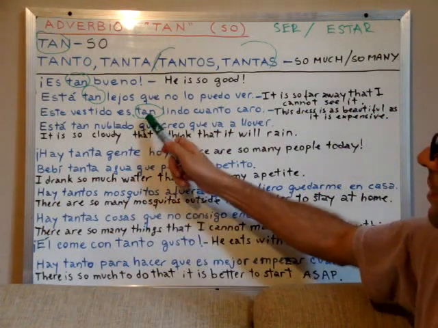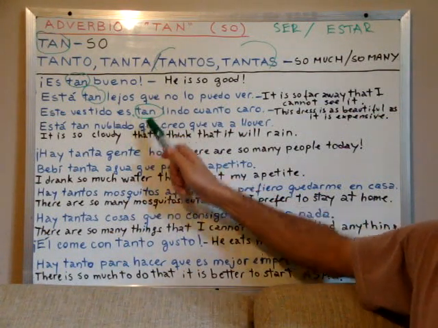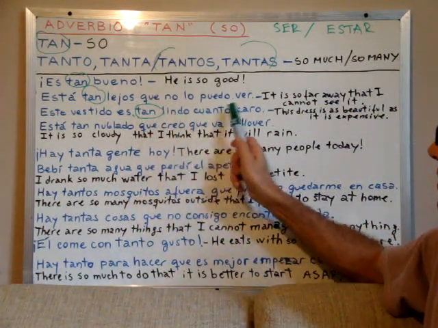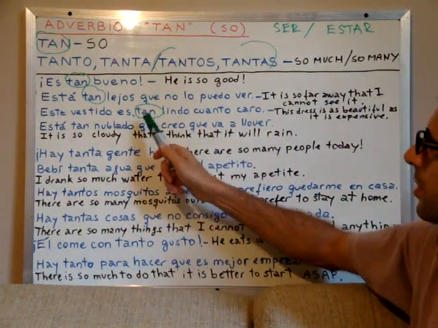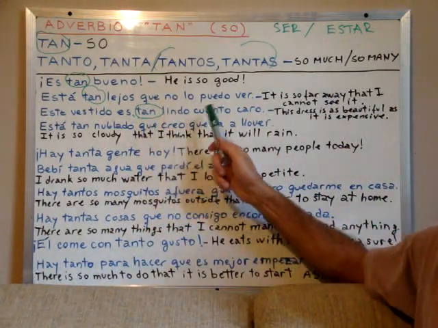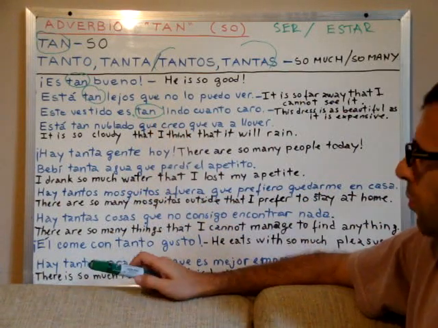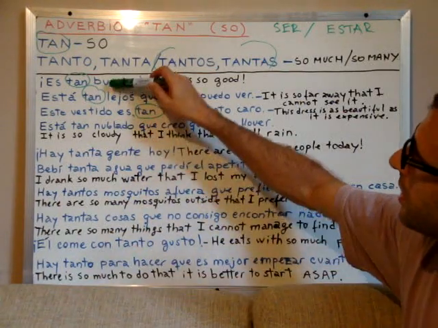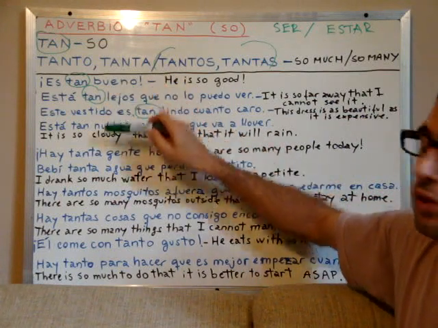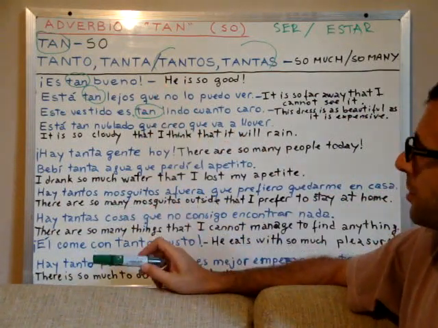In this case, it would be as, right? As beautiful as it is expensive, or so beautiful as it is expensive. In Spanish, tan means so. But here we can see three different uses of the same adverb.